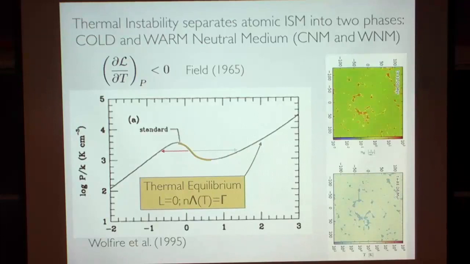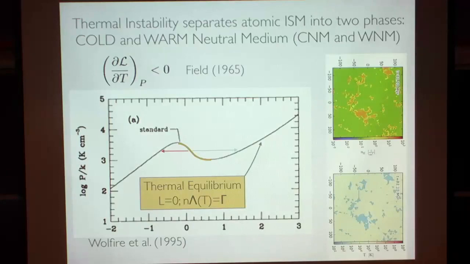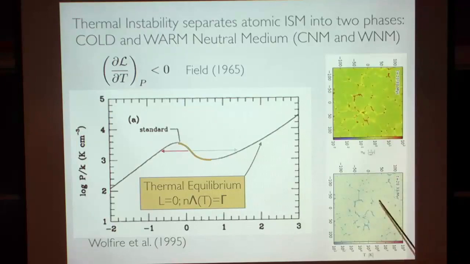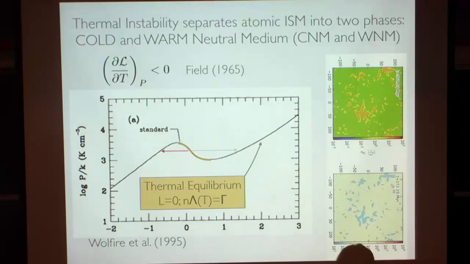But it may not be true when dynamical processes come into play. Actually, the cooling time is usually very short, so this thermal instability works quite rapidly. So they usually saturate into the so-called two-phase structure of the interstellar medium.